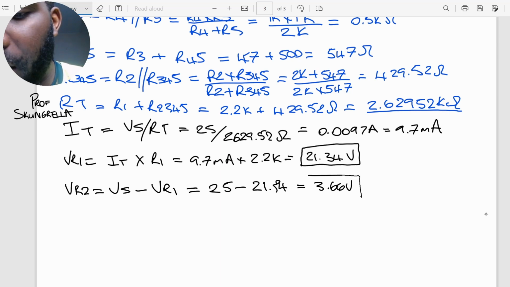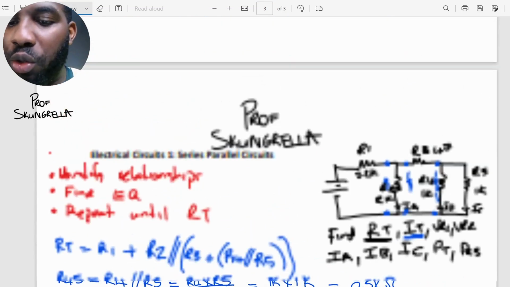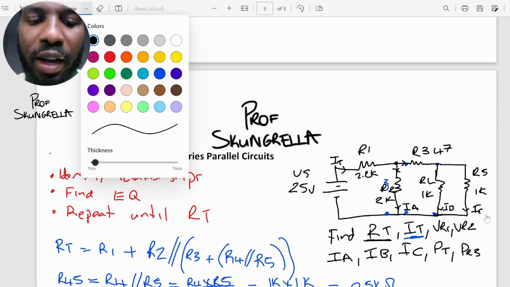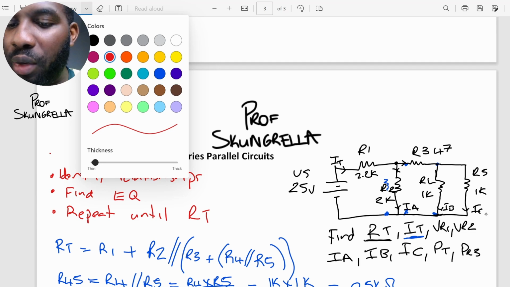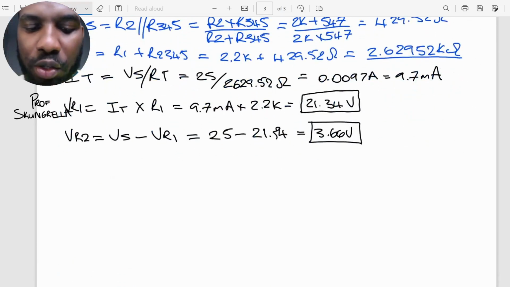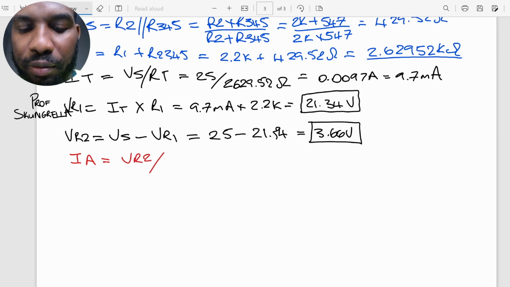Right, this is VR2. So now that we know VR2, the voltage across this resistance right here, we can find the current going through that resistor. Because if we know the voltage and we know the resistance, we can find the current. So the current IA is going to be equal to VR2 over R2. Again, this is Ohm's law.